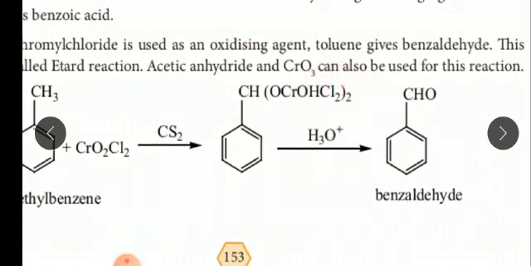So let us see now the mechanism of the Etard reaction. See here, the first step is what? One hydrogen is removed, and instead of it CrO2Cl2, chromyl chloride, is added. See here, the hydrogen is replaced by this.